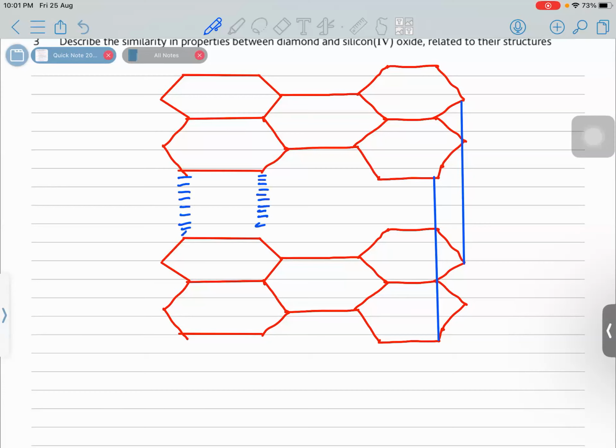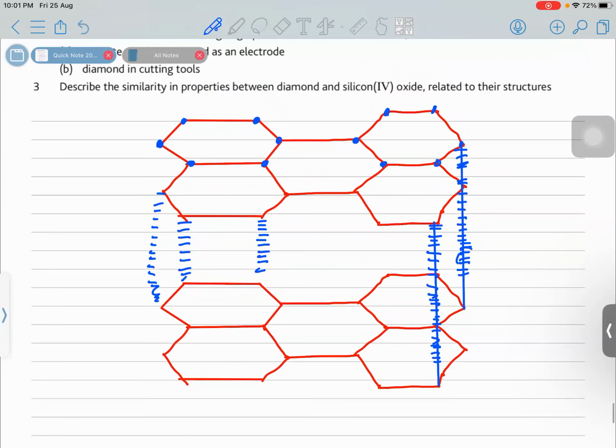This bonding is called intermolecular. This is normal structure of graphite. So these are carbon atoms, and their interaction is a different type of intermolecular force of attraction, right?